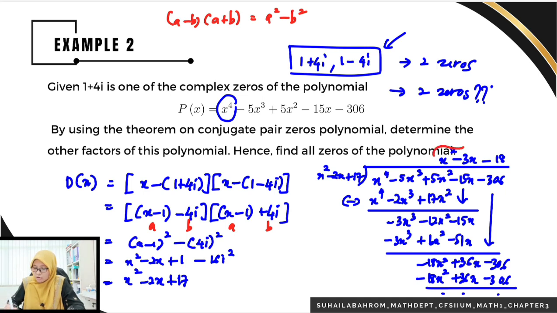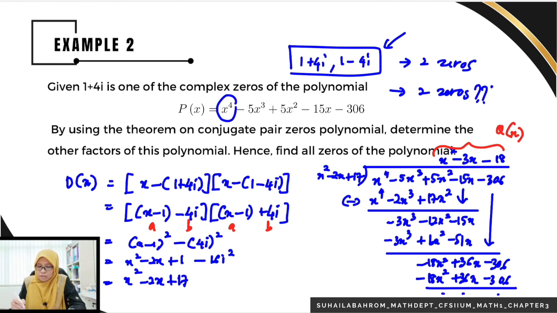So this is our quotient. When we rearrange this polynomial, in general, P(x) is equivalent to Q(x), which is x squared minus 3x minus 18, our quotient, times the divisor from just now, x squared minus 2x plus 17.